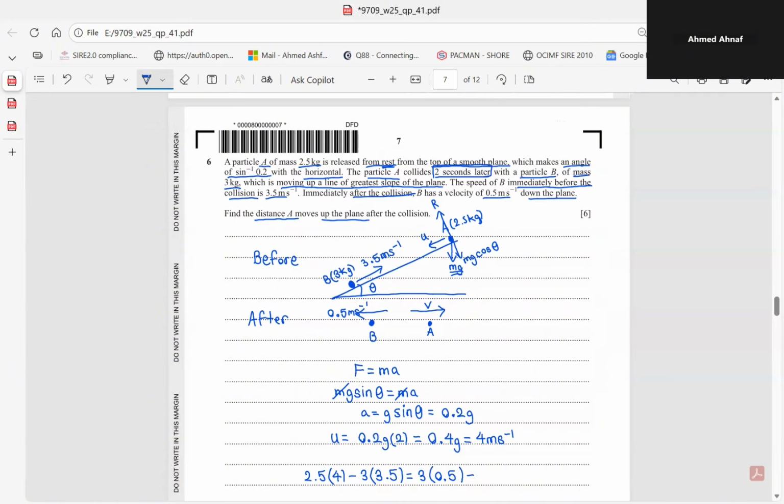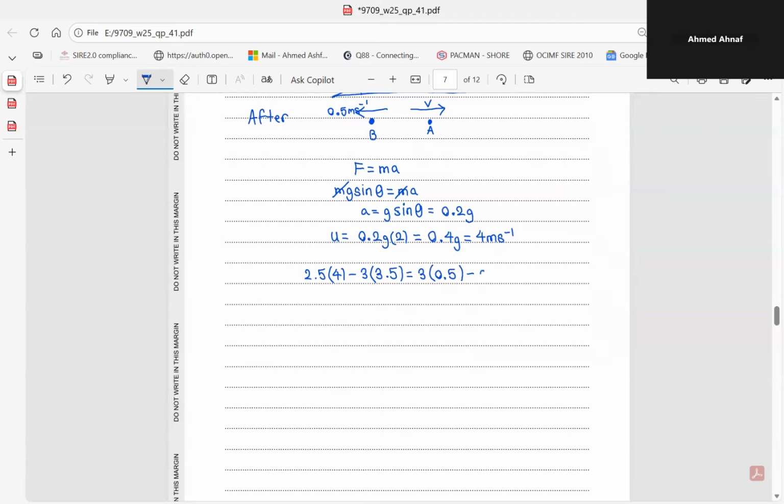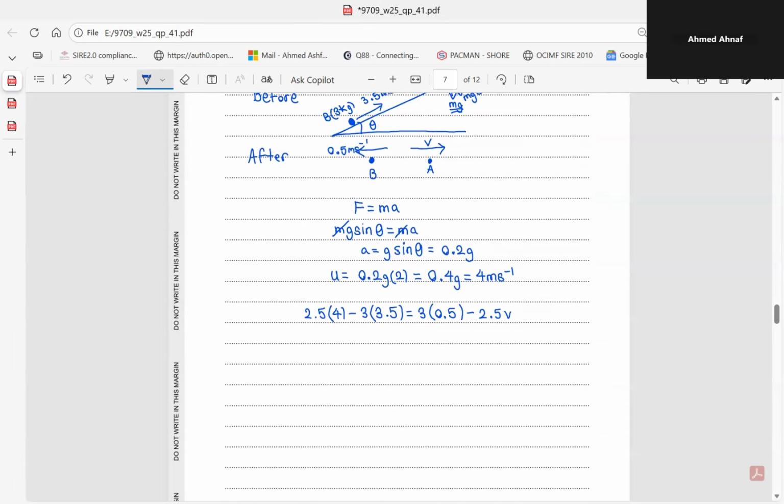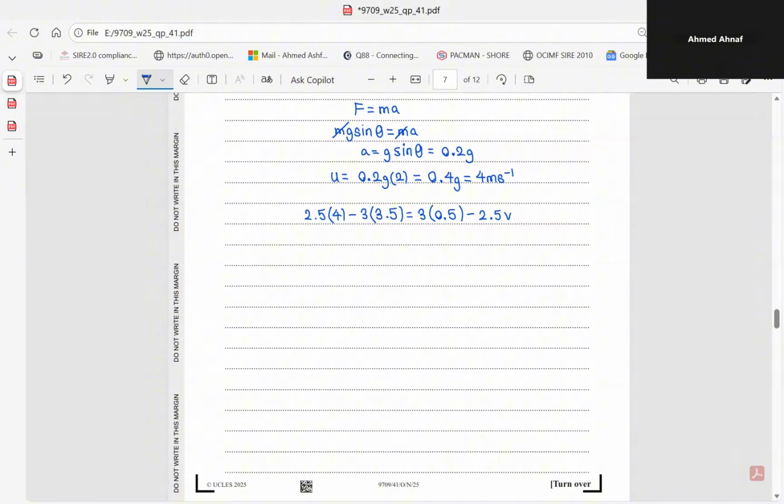Oh, wait, what am I saying? Sorry. Okay, A is 2.5 V. So we don't know what V is. So that's what we have to find. Okay. Let's find out what V is.